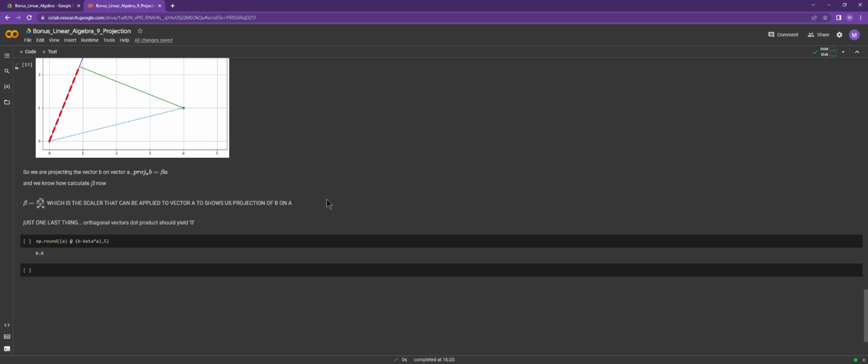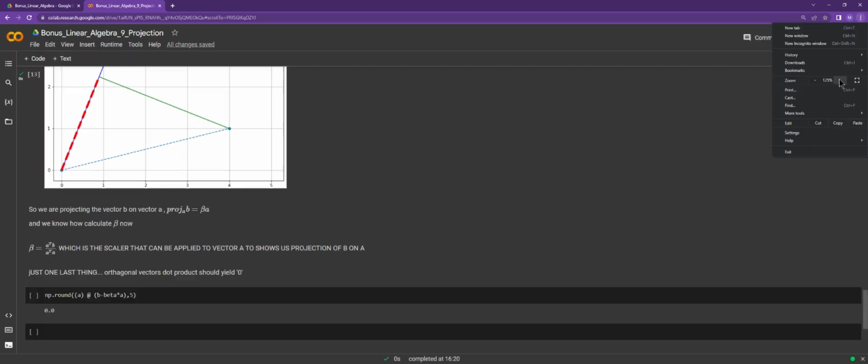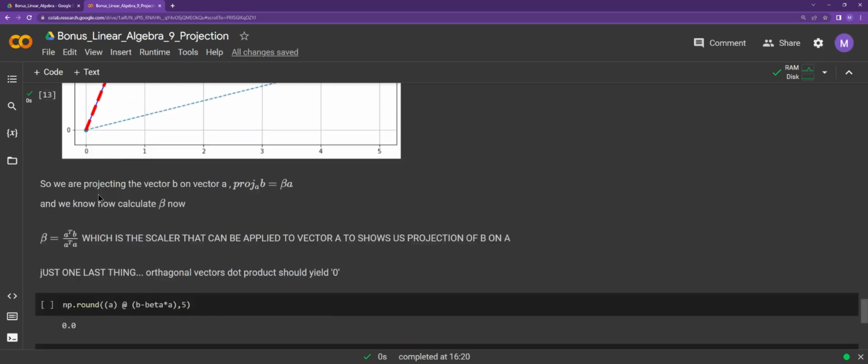And then the way we express this in terms of notation, we are projecting the vector B on vector A. So this is how you write it. Projecting vector B on vector A equals beta A, everything that we covered so far. And we now know how to calculate beta. So this is the most important formula that I want you to memorize or remember or learn.